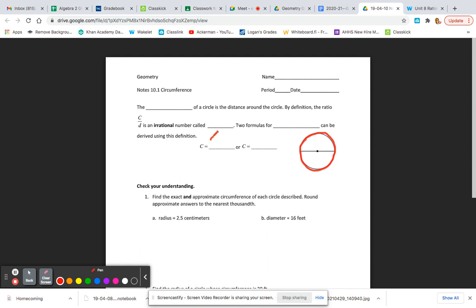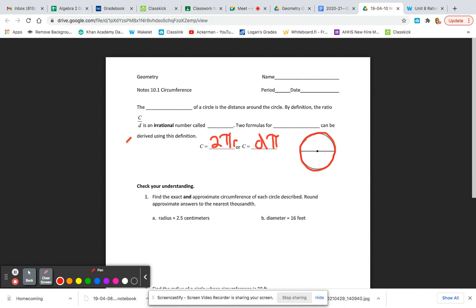One of them is 2 times pi times r, and r stands for the radius. And the other one we learned was diameter times pi, which makes sense because the radius is half the diameter. So I would need 2 radiuses to equal 1 diameter.